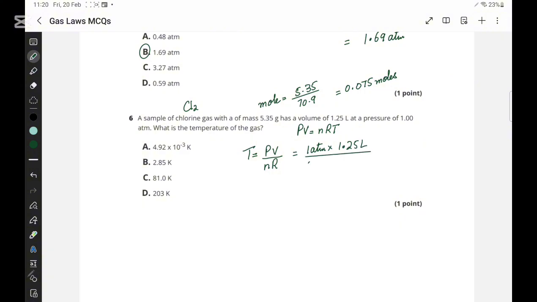Number of moles is 0.075 mole, and then we have R, the value of R, which is going to be 0.08206 liter atm per mole per Kelvin. So temperature finally comes out to be 203 Kelvin. And the right answer is going to be D.